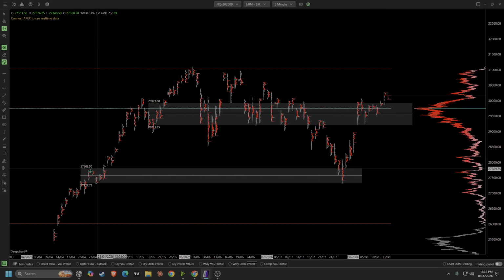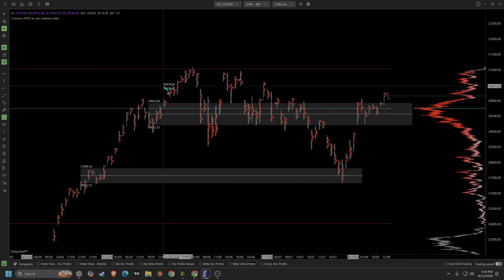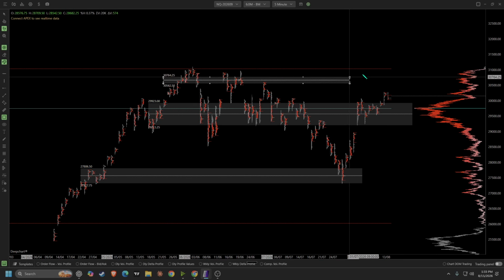So by looking for previous areas of value and places where price spent time, where two-sided trade occurred, we can start to have an idea of where the market might try to go. Okay, it doesn't mean we're going to be able to time it.